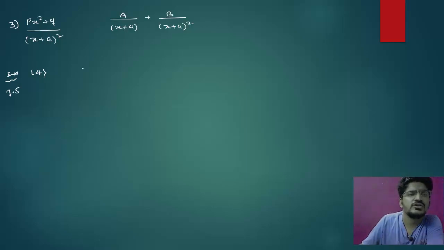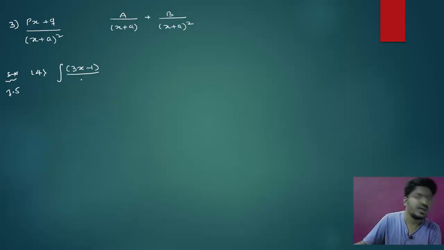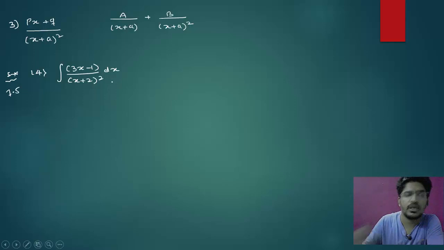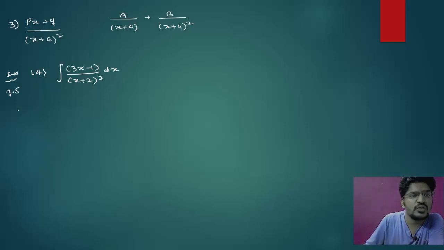Clear? So for 7.5, that is the integration of (3x − 1) divided by (x + 2) whole square with respect to dx. First we have to decompose this.